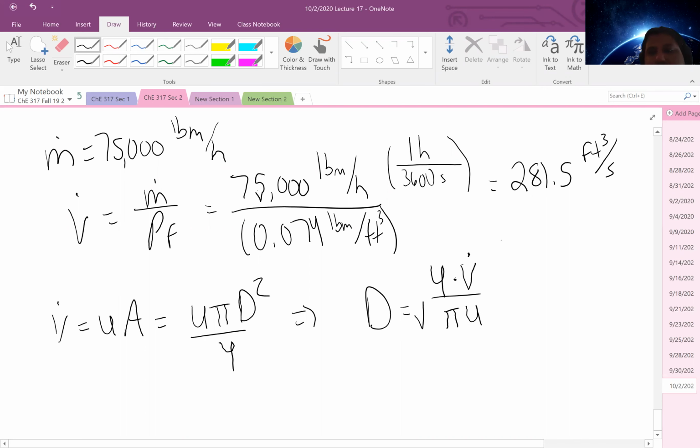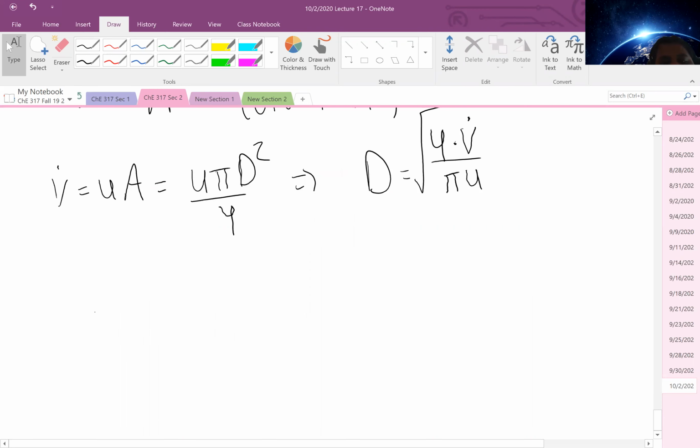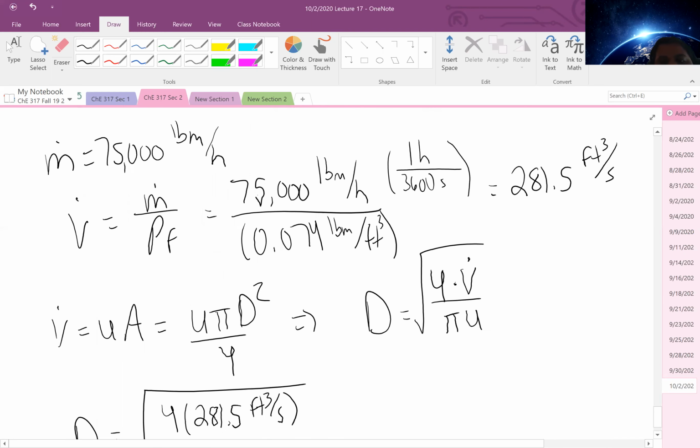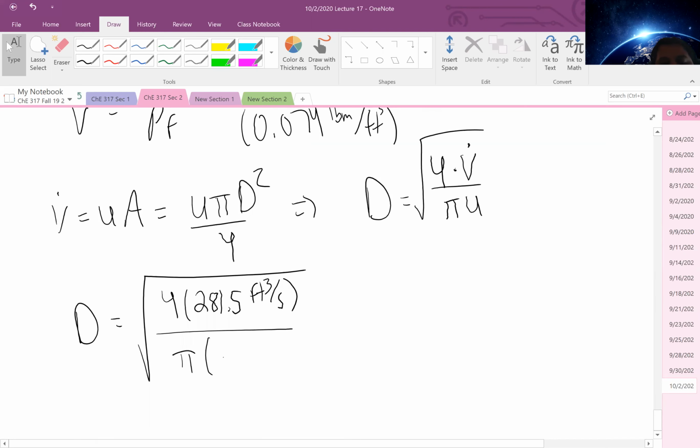So it's the square root of 4 times 281.5 cubic feet per second divided by pi divided by the velocity we found of 3.42 feet per second.